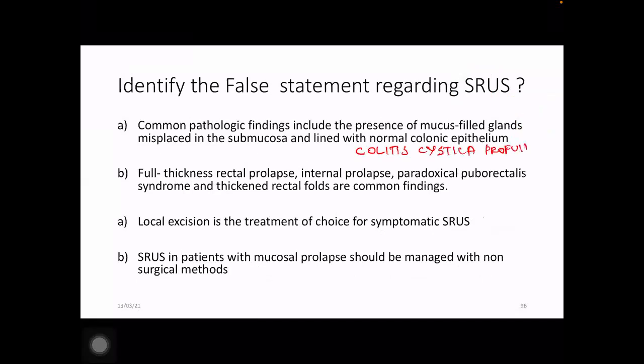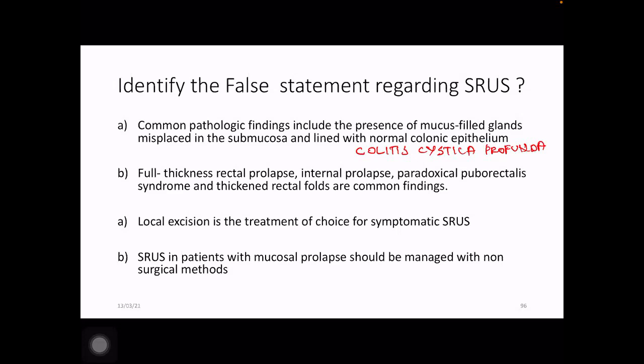What I mentioned in that statement is colitis cystica profunda. Basically, in the submucosal layer, there will be a lot of mucus-filled glands when you do a biopsy from the solitary rectal ulcer. Fine. Full thickness rectal prolapse, internal prolapse, paradoxical puborectalis syndrome, and thickened rectal folds are common findings in SRUS. True. This is true. The only thing is they are not exclusively associated.